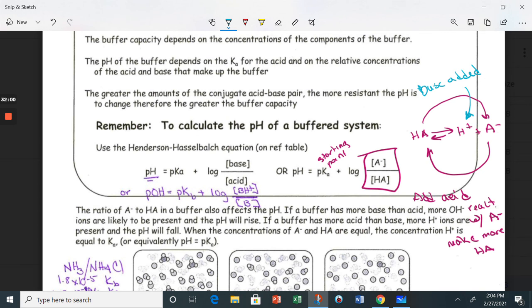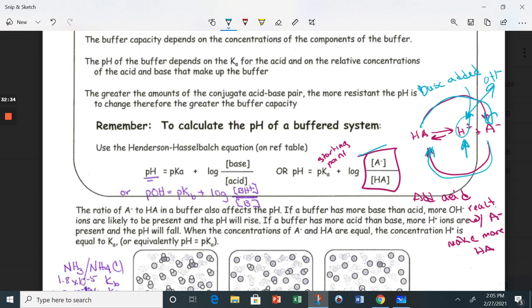See, I have to think this out myself. A base like an OH minus, the OH minus is going to react with the H plus, and you shift the equilibrium. If you add in an acid, you go back the other way. So the base takes this out, the acid adds that in. And so I either go back this way or I go this way. And it's how the system responds and how much it shifts, and it changes this ratio.